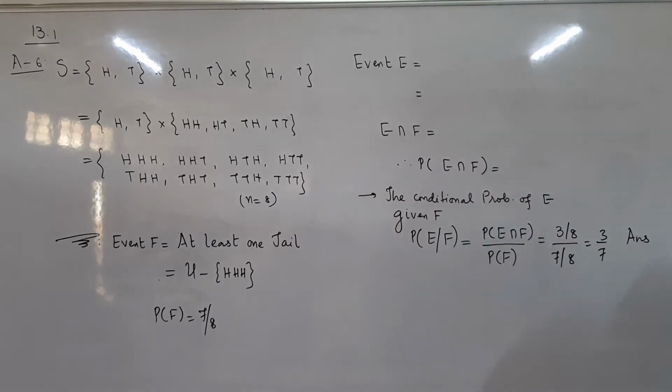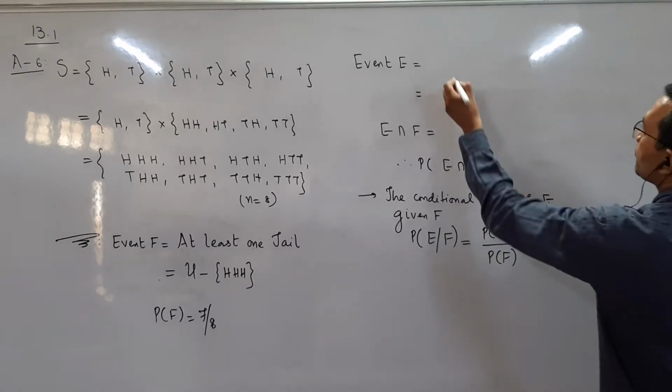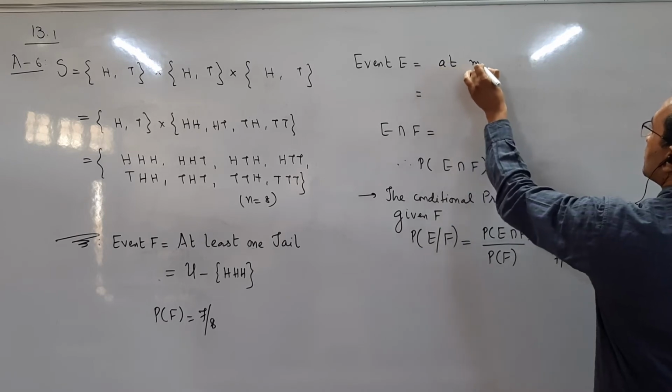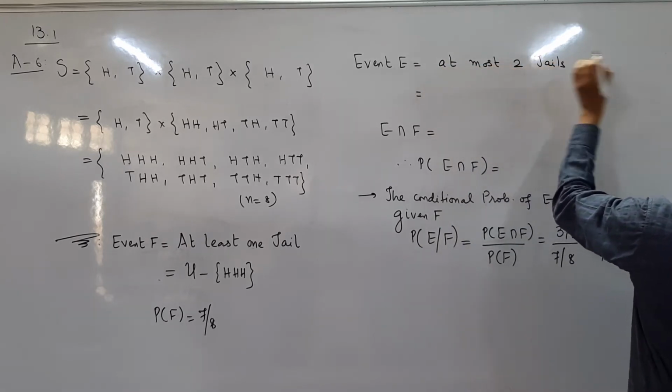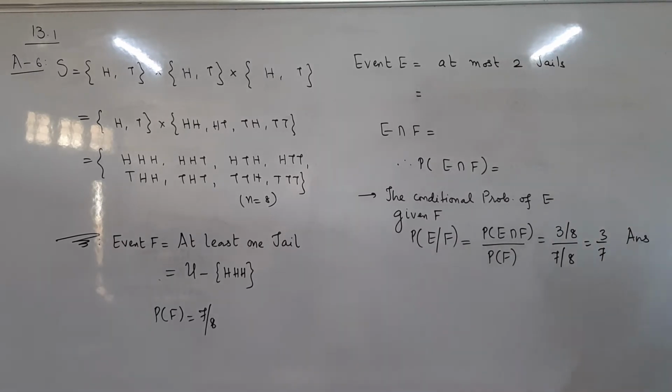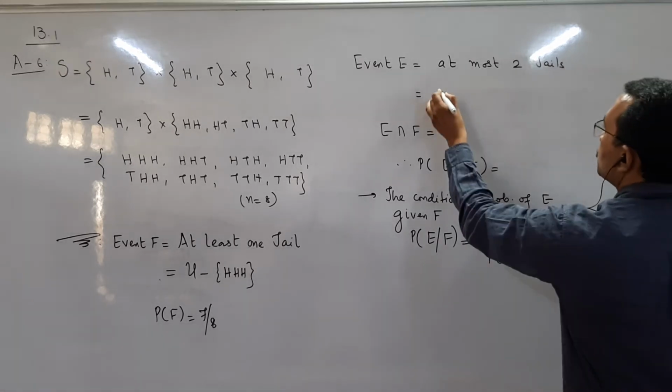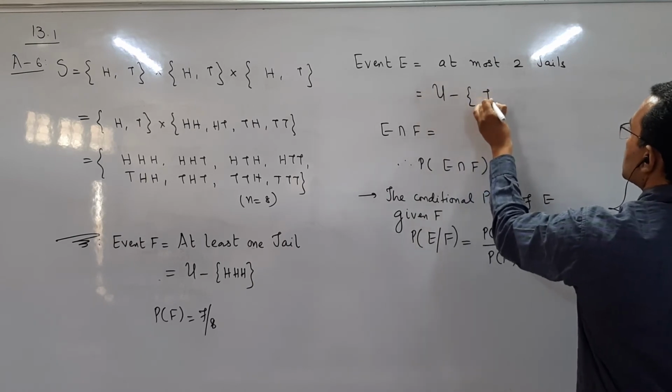Event E at the most 2 tails. So we have to write elements with 2 tails, 1 tail, and no tail. So it is U minus TTT.